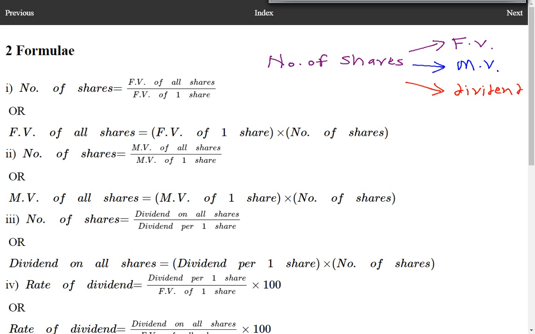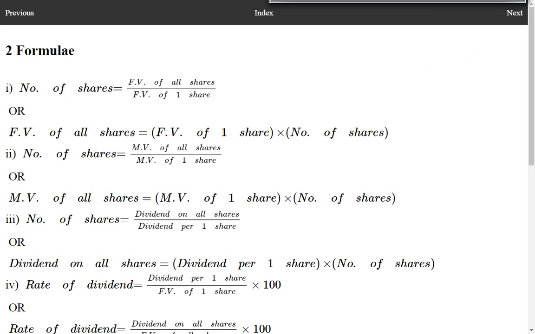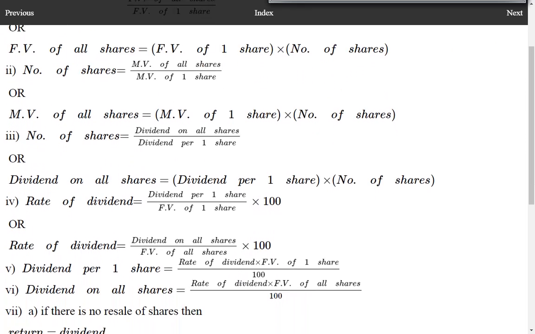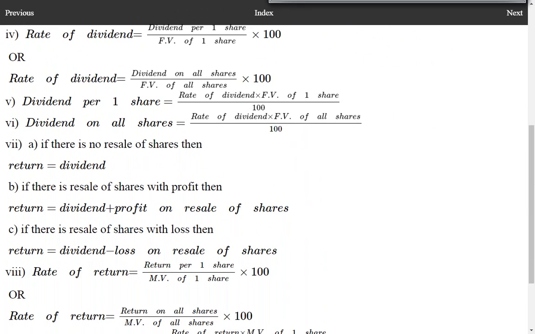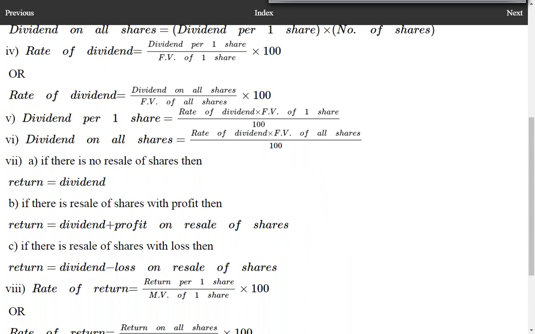Let us see the fourth formula, for rate of dividend. Rate of dividend is equal to dividend per one share upon face value of one share into 100. So this is rate of dividend in terms of one share.